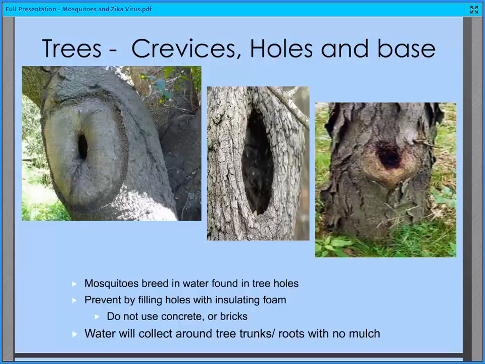We have been doing some foaming as best we can. We got several cans of aerosol foam to go in there and just foam them up real quick. And also look around the trunks of the trees. We find a lot of areas underneath that have some hollow areas, and we find water sitting there, especially when you have a lot of mulch around.